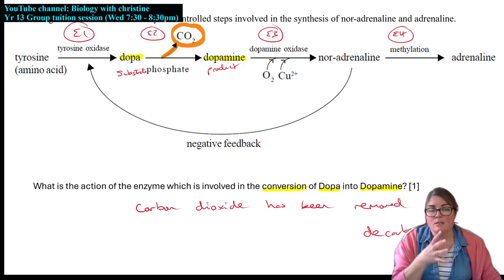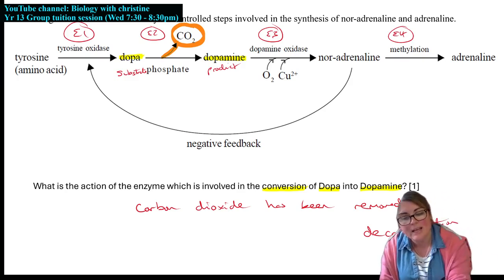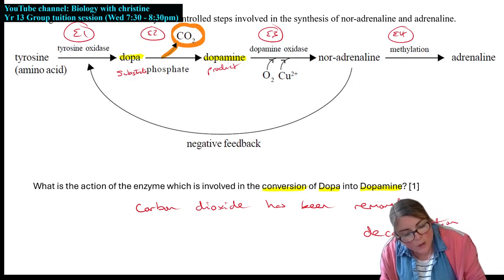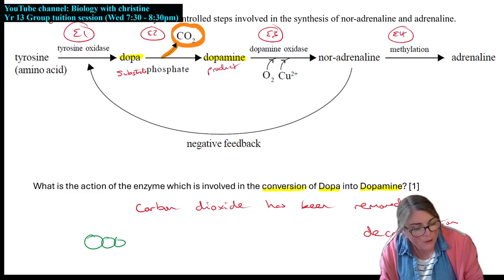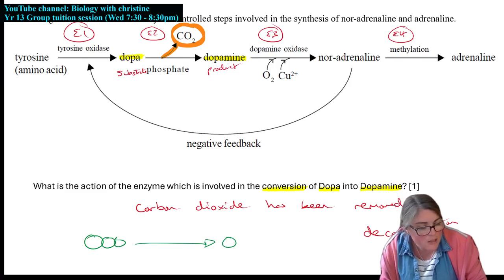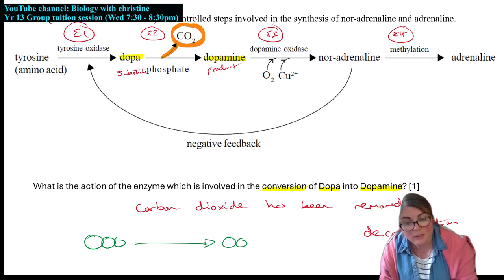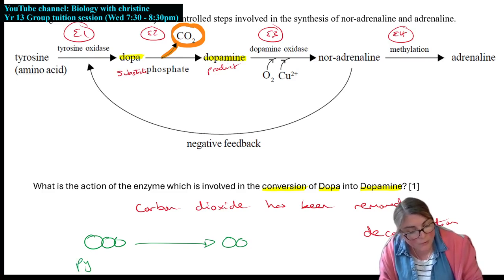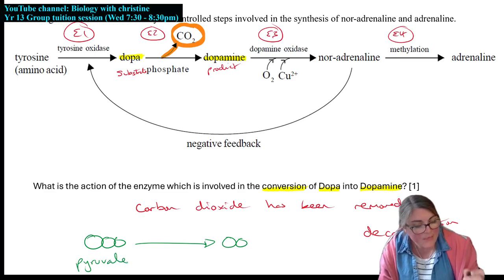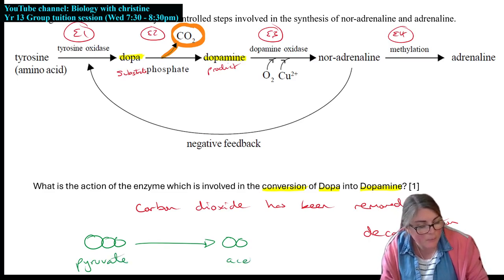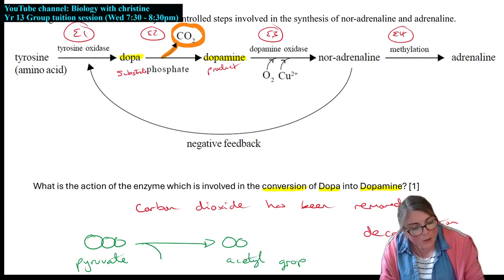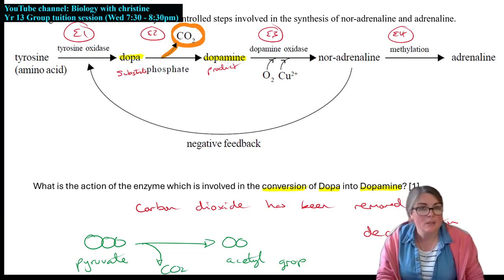Although this isn't asking specifically, do you know this? What it is asking is, do you know that if you took your 3-carbon molecule and you were to change that to the 2-carbon molecule, so you're going from pyruvate, and that's going to become the acetyl group, do you know that decarboxylation occurs there?